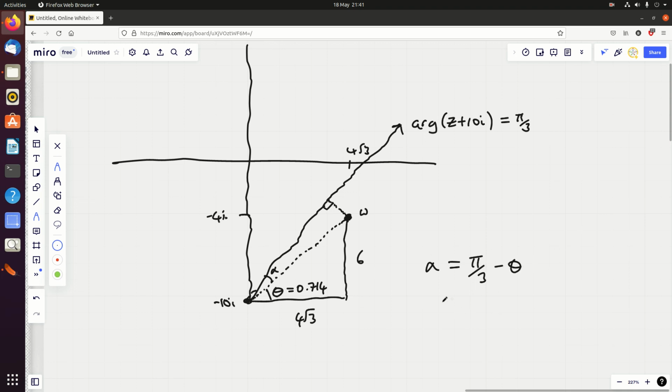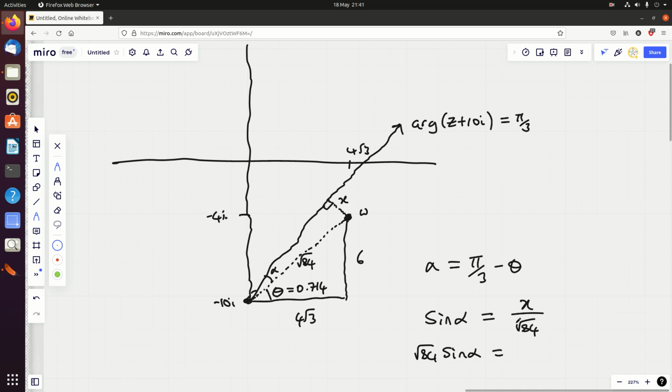And now to find the shortest distance, I can quickly find this side by Pythagoras: 6 squared plus 4√3 squared, square rooted, comes to √84. Then sine alpha is x over √84, and so I can find x by doing √84 sine alpha.